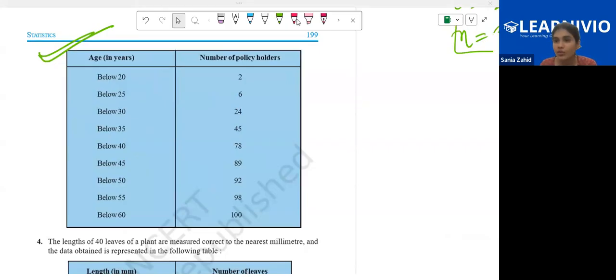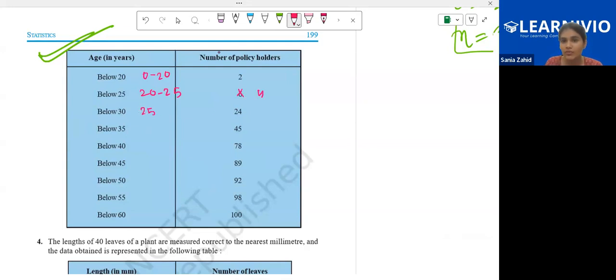Yeah, Umer. If you look very carefully, here you have below 20. So this is like 0 to 20. So that's 2. From 20 to 25, now what will be the frequency? 4. Okay, you cut this, you write 4.